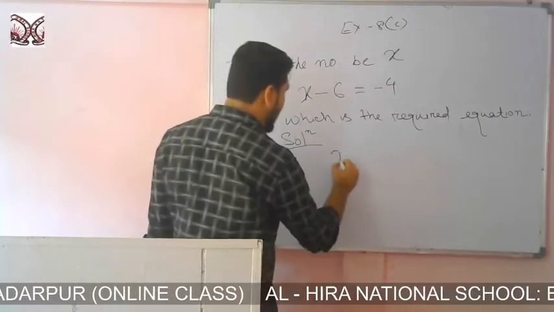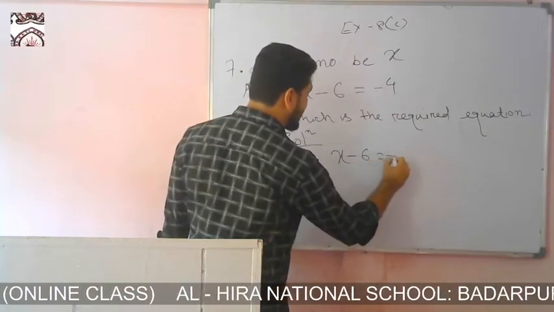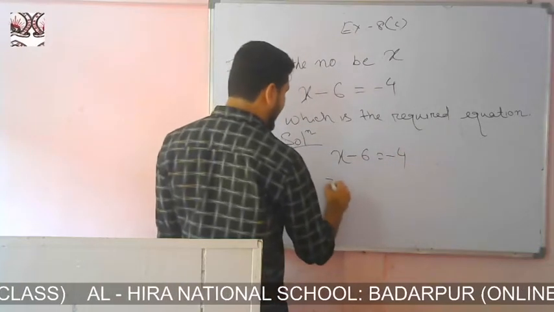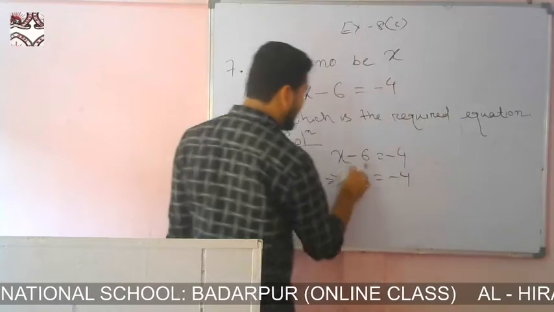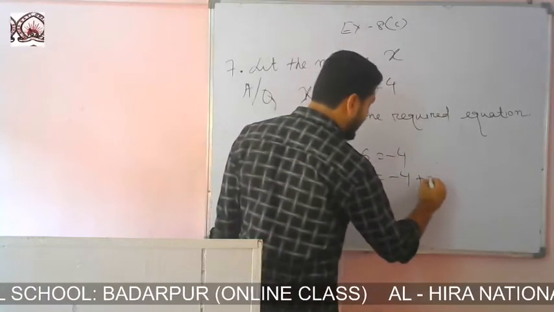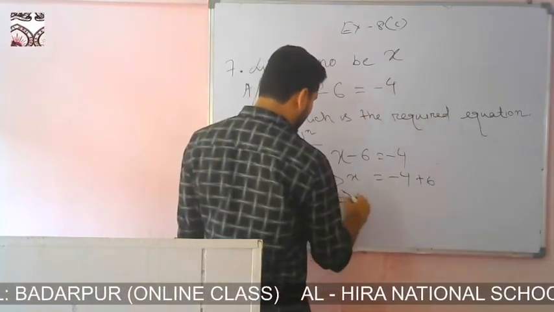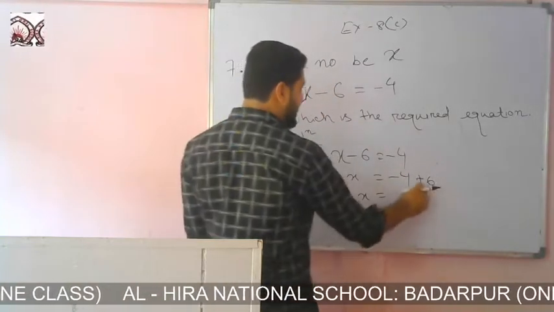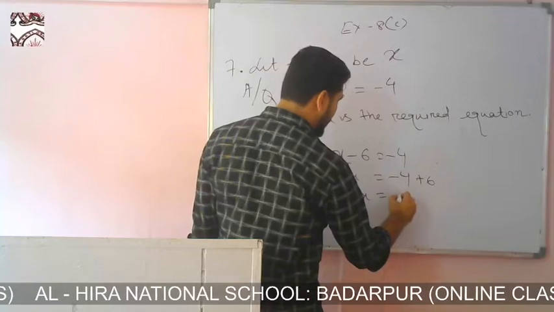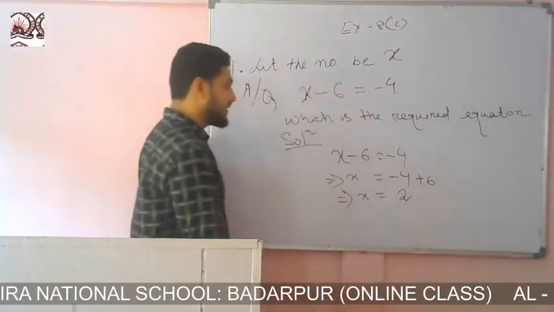That means x minus 6 equals minus 4. Then if I transpose 6 to the right side, here it is minus, it will become plus. So I can find, plus 6 minus 4, that means 2. And the bigger sign is what?